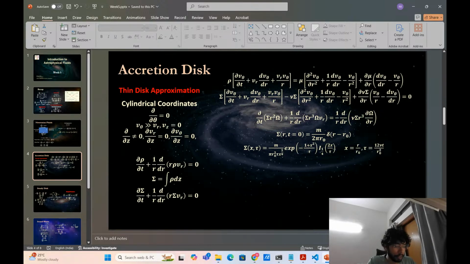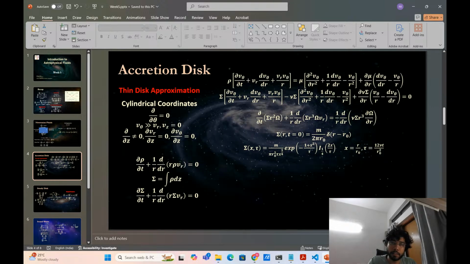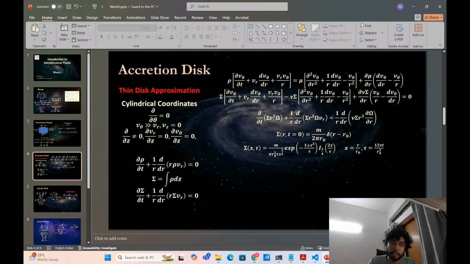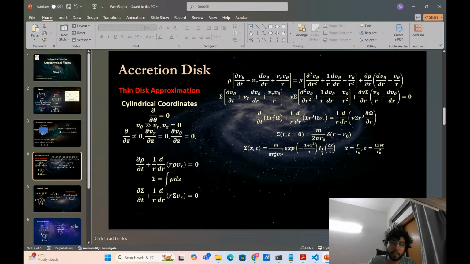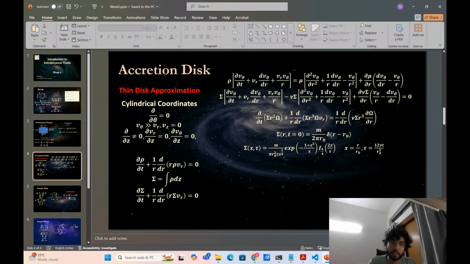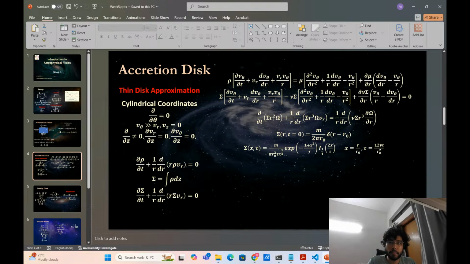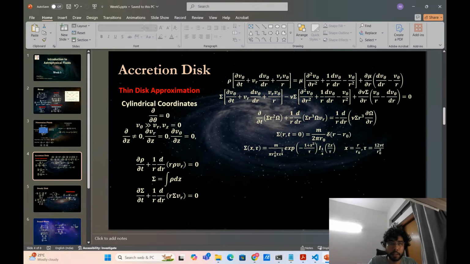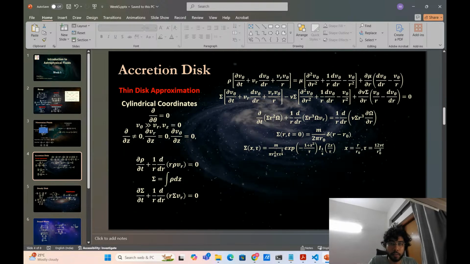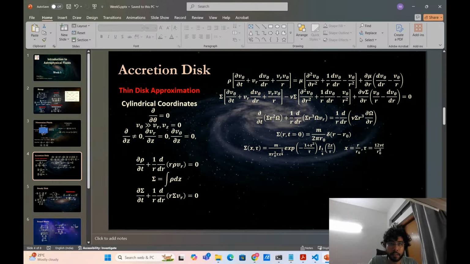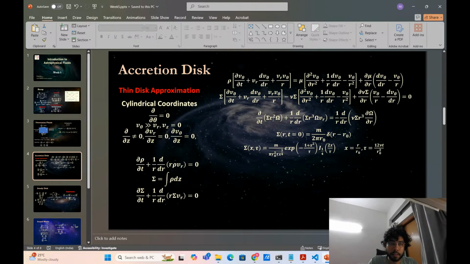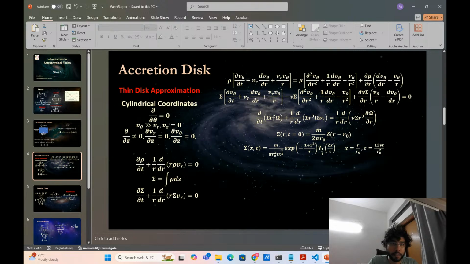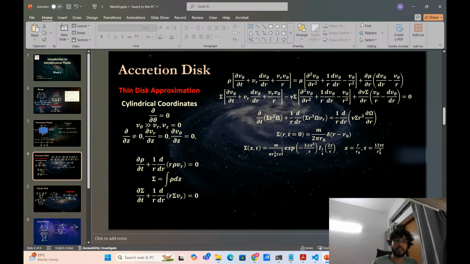You have to solve this numerically given the initial and boundary conditions, and by those numerical simulations, you can see how the disk evolves in space and time. And that is what people actually do, and there are a lot of research papers on these kinds of systems, and people still do research in these accretion flows.